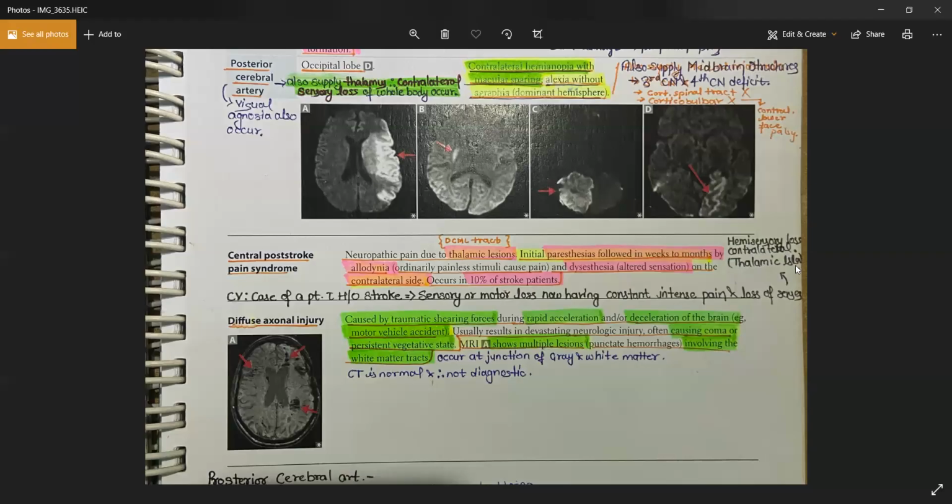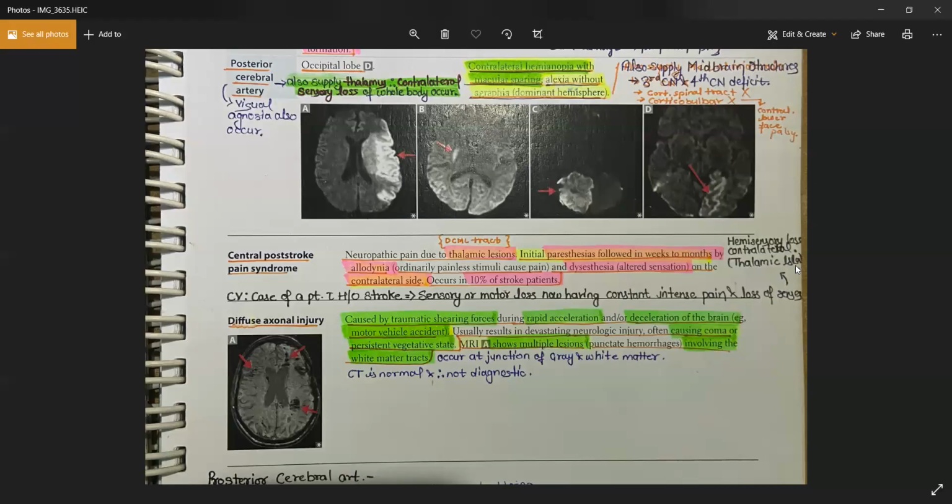Are you getting my point? Yes. It doesn't matter what the patient history was. If it was a history of a complete sensory loss, or any part of the limb that became paralyzed because of the stroke previously, now the patient is presenting to the department with a history of pain, a constant intense pain.